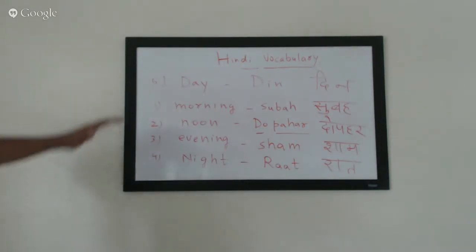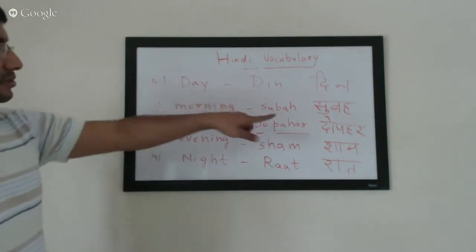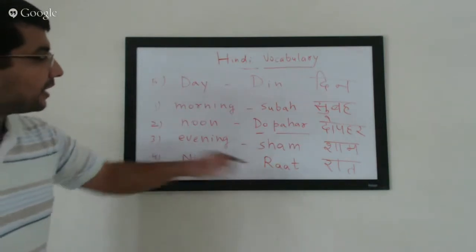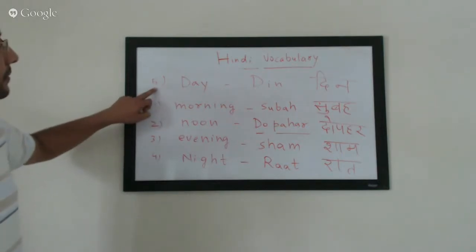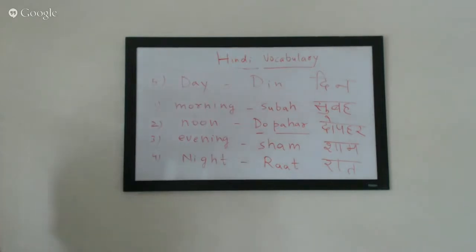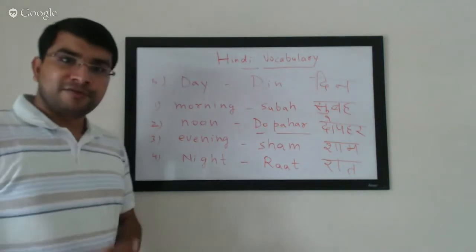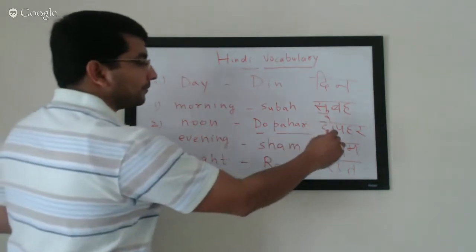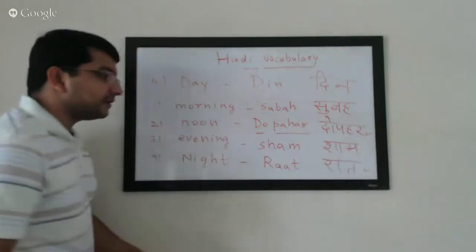Again, if I repeat: morning is subah, noon is dopahar, evening is sham, night is raat, and the generic word for day is din. So that's the second part of the Hindi vocabulary, where you learn five keywords. If you read the lyrics of the song, you will definitely see raat and dopahar.